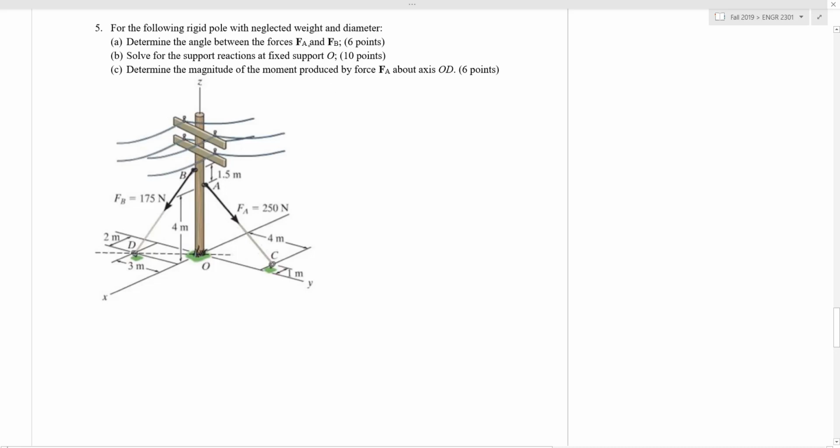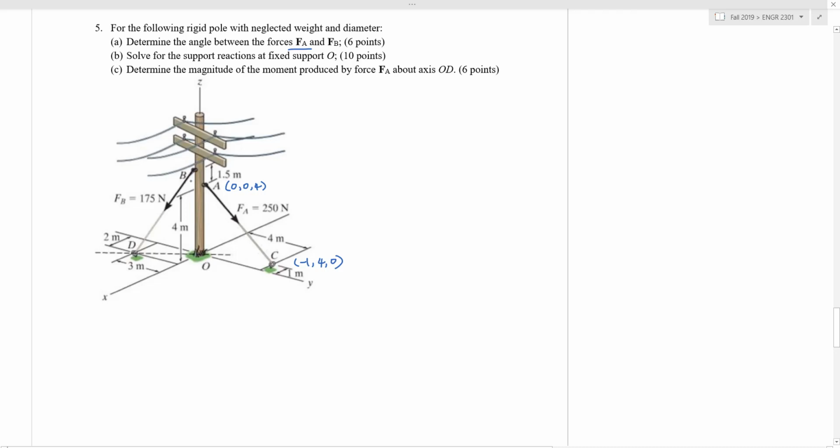So one thing at a time. FA is directed from point A with coordinates of 0, 0, and 4. So 0, 0, and 4 meter for point A. And then it is directed to point C, and that has coordinates -1, and then 4, and 0.